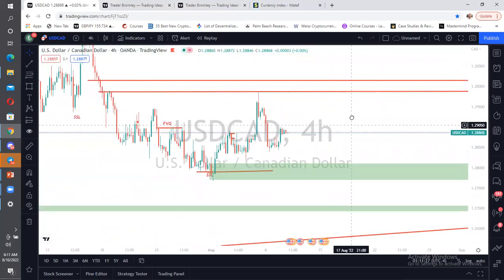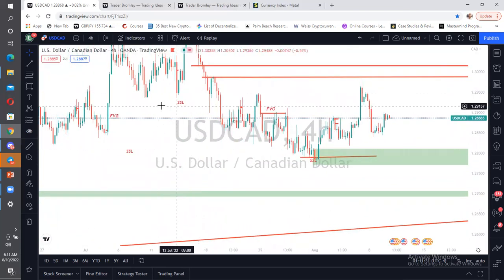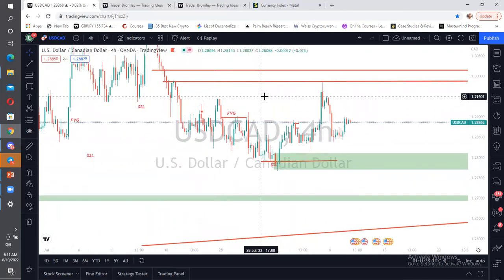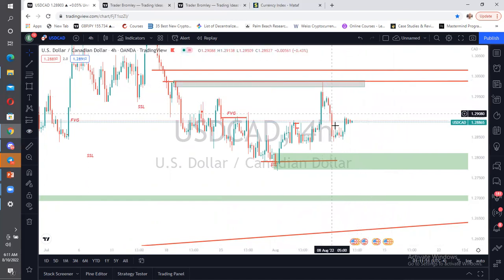The market on 4 hours, it broke this level here, with a change of character, and traded back to this OB here. Now, after trading back to the particular OB, then it pushed back down.